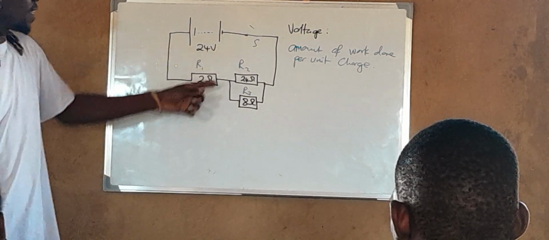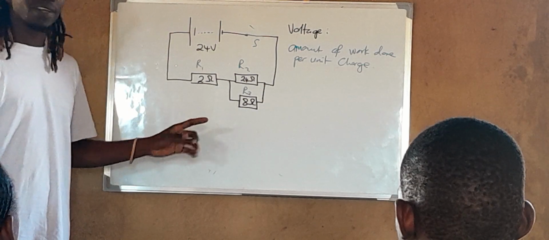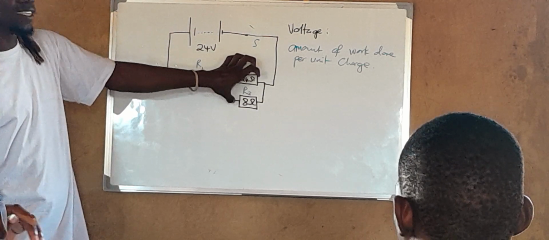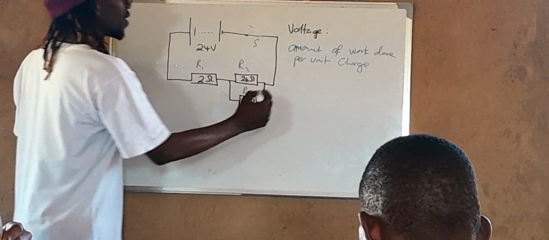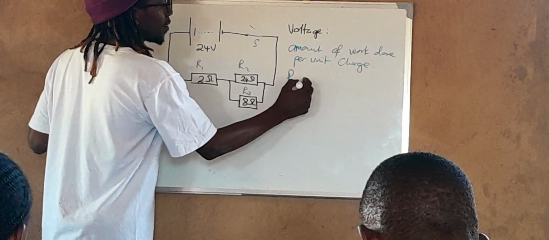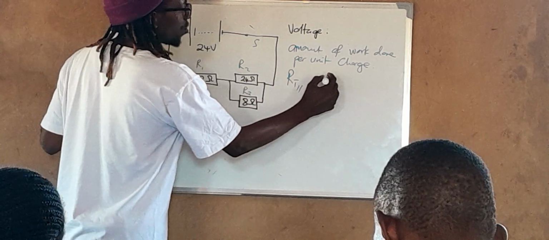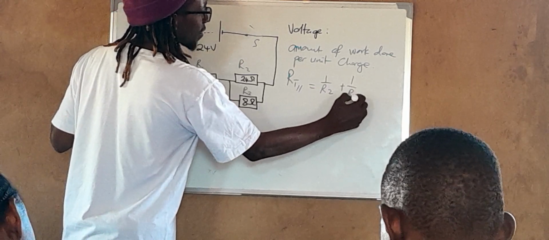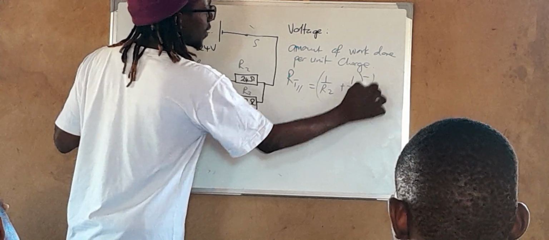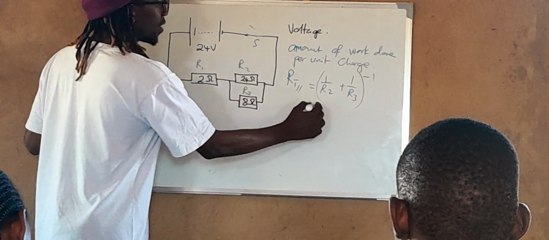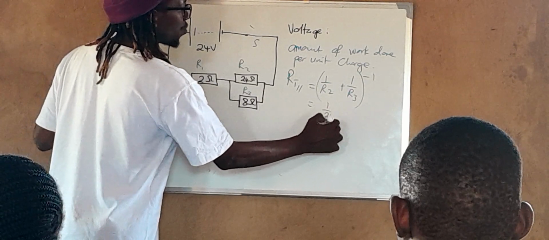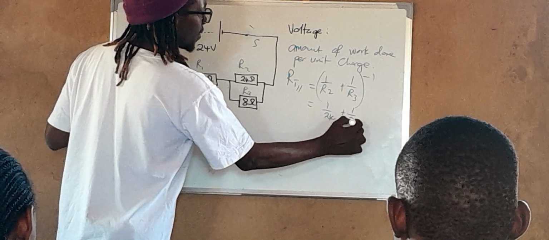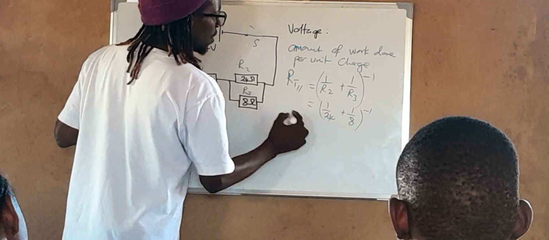So to find the total resistance here, we must first find the resistance in parallel, right? So we say R T in parallel is equal to 1 over R2 plus 1 over R3 all inverse, right? So this is 1 over 24 plus 1 over 8. So what do you get?